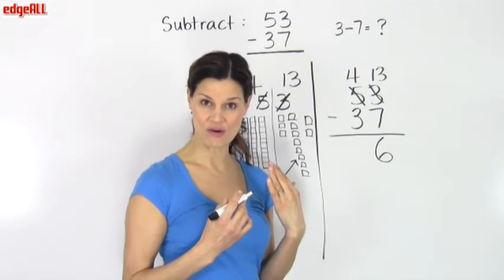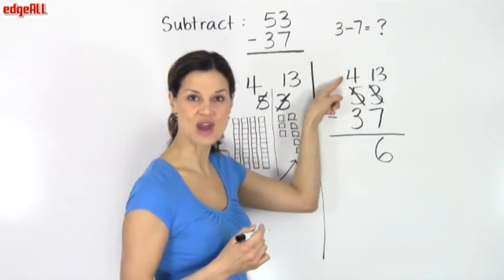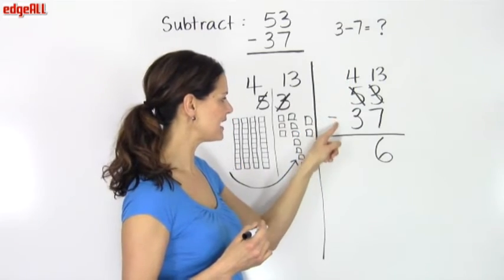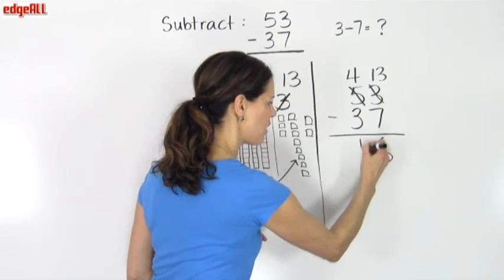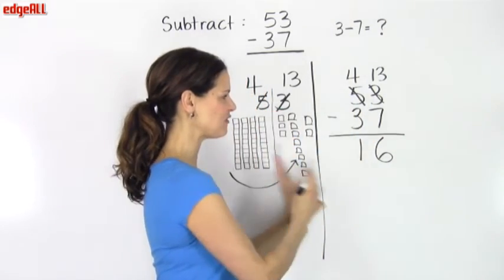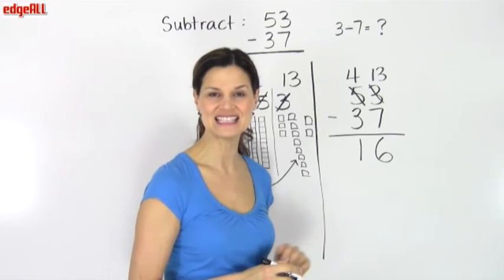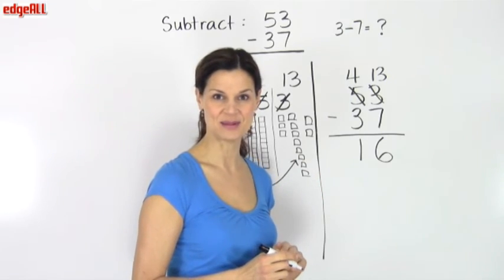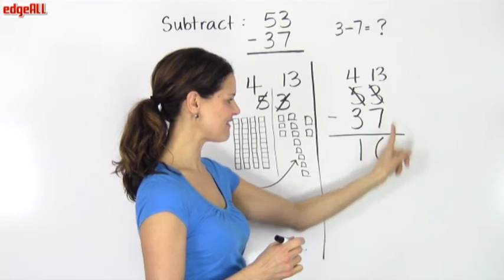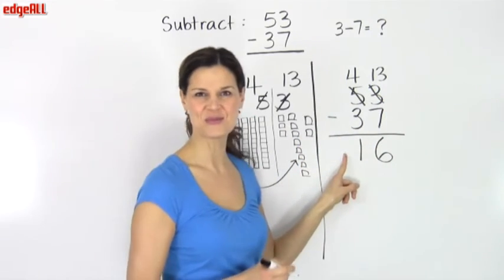And then I move over to my tens column and I simply do my subtraction here. 4 minus 3 equals 1. And so you can see that once we've rearranged and we've borrowed from the tens place, it really becomes a very simple subtraction problem. 13 minus 7 equals 6, and 4 minus 3 equals 1.